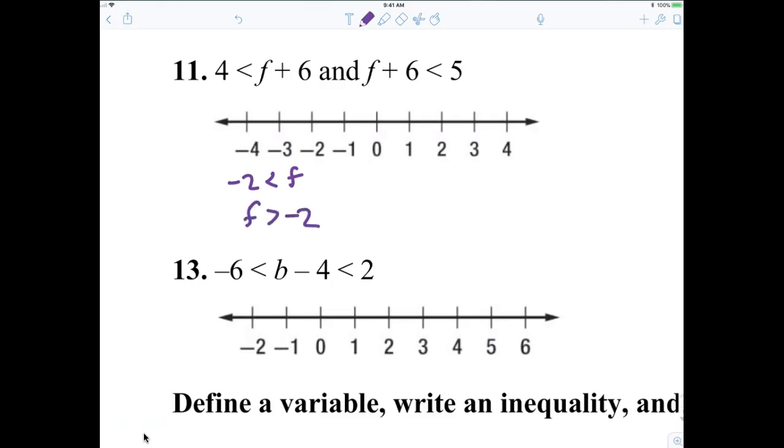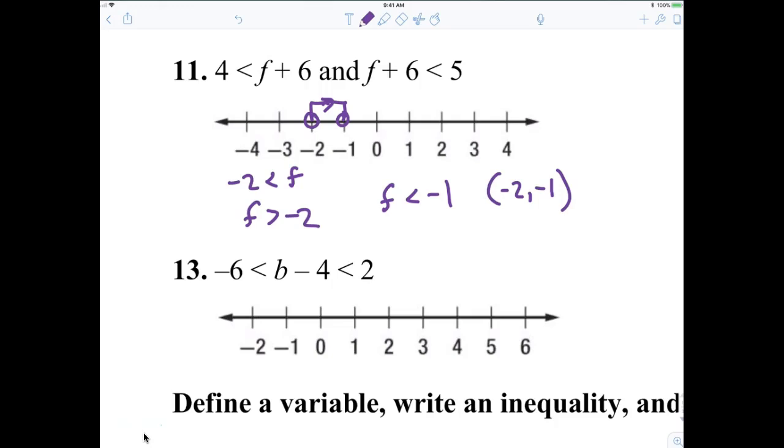And then over here it says F is less than negative 1. So if I'm greater than negative 2 and less than negative 1, it's just everything between negative 2 and negative 1. All right, so interval notation. Very good.